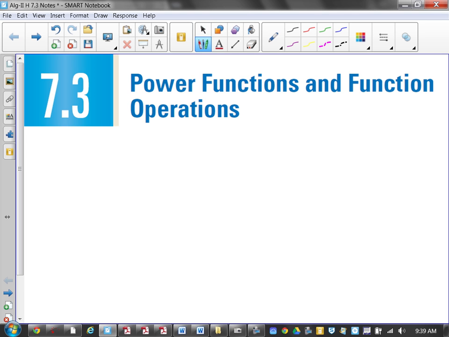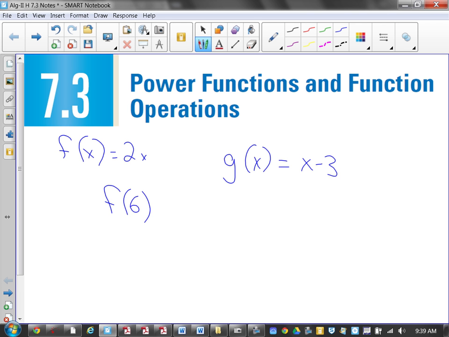Done this, and I kind of wrote this up on the board here a second ago. F of x is 2x. This is your basic function operations: f of x, g of x.